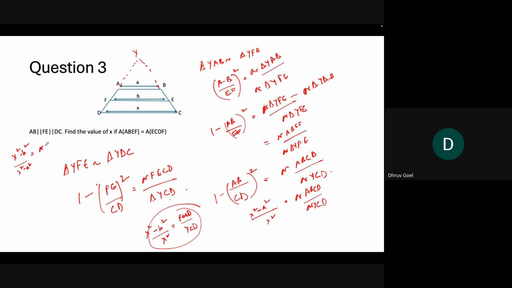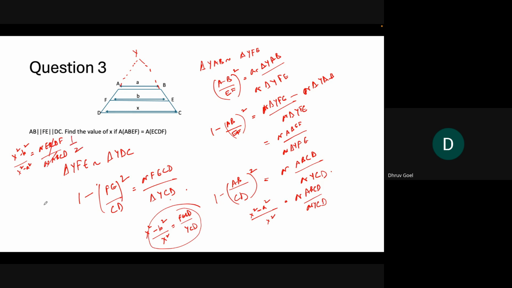the area of ECDF upon the area of ABCD. Now it is also given to me that the area of ABEF is equal to the area of FECD. So ABCD is a combination of both, so can I say the ratio of these two will be 1 by 2?